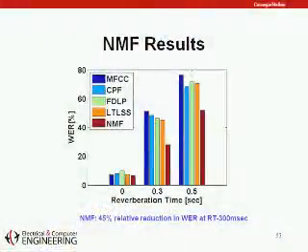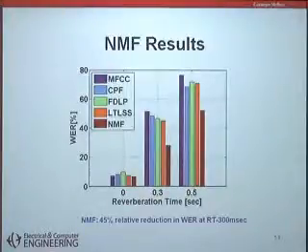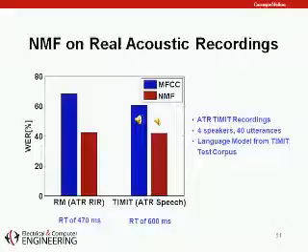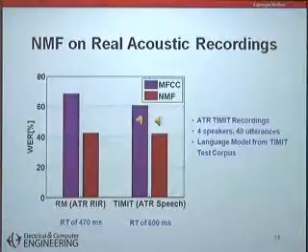These are again on the resource management database, and here again I see a very sharp improvement in performance. This is clean condition training. These experiments have been done on ATR. This experiment is done with simulated room impulse response using the ATR room impulse response, and this one is using the actual ATR database, which was collected in a room.